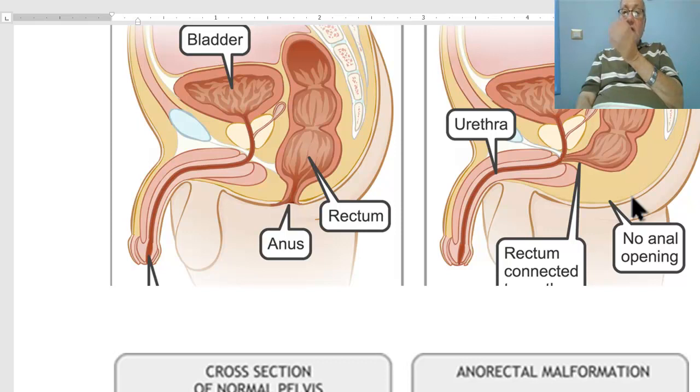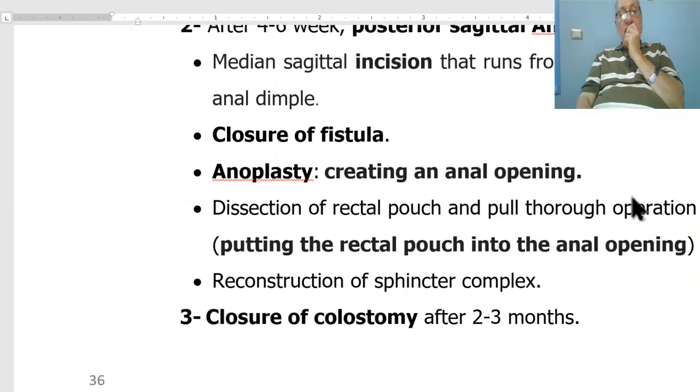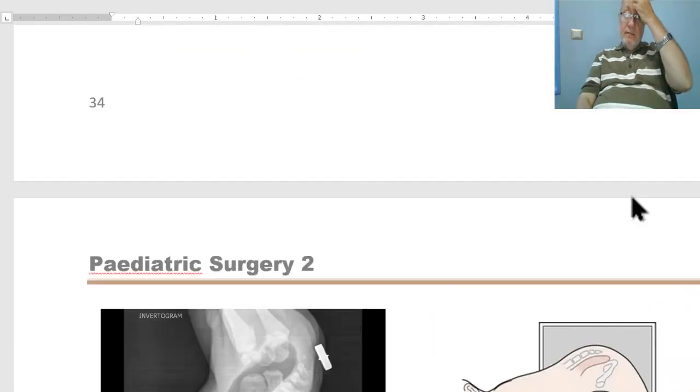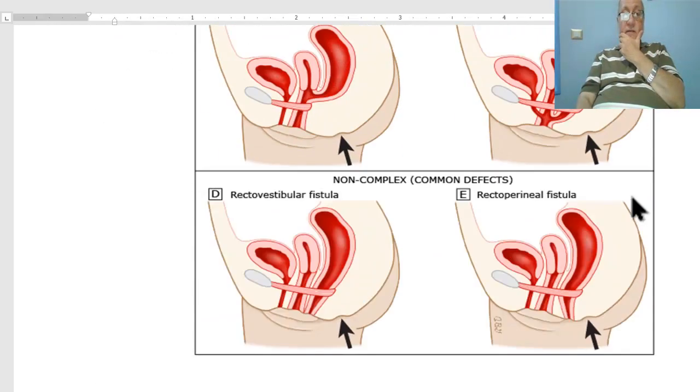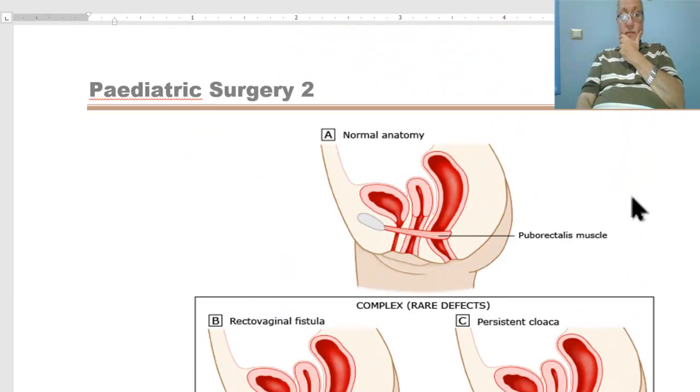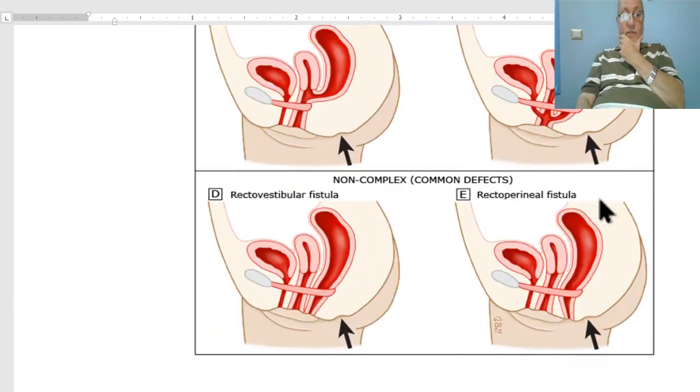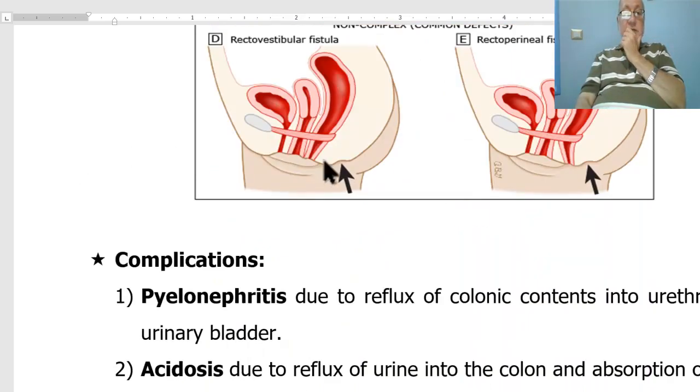In case of ectopic position of the anal opening, for example in this case, this is an ectopic position of the anal opening. Therefore, mobilization of this anal opening to the normal correct anal position.